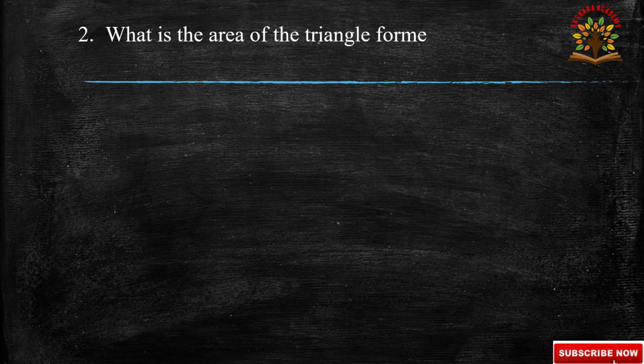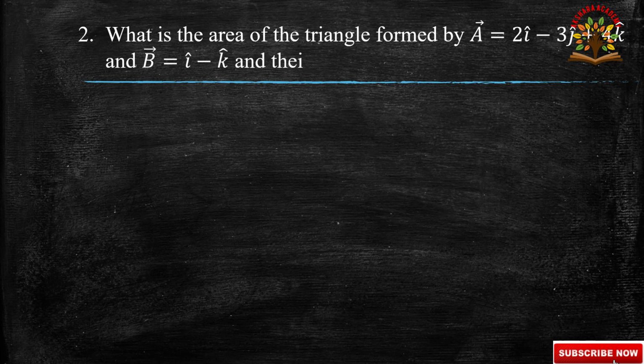What is the area of a triangle formed by a bar is equal to 2i bar minus 3j bar plus 4k bar, and b is equal to i cap minus k cap, and their resultant.